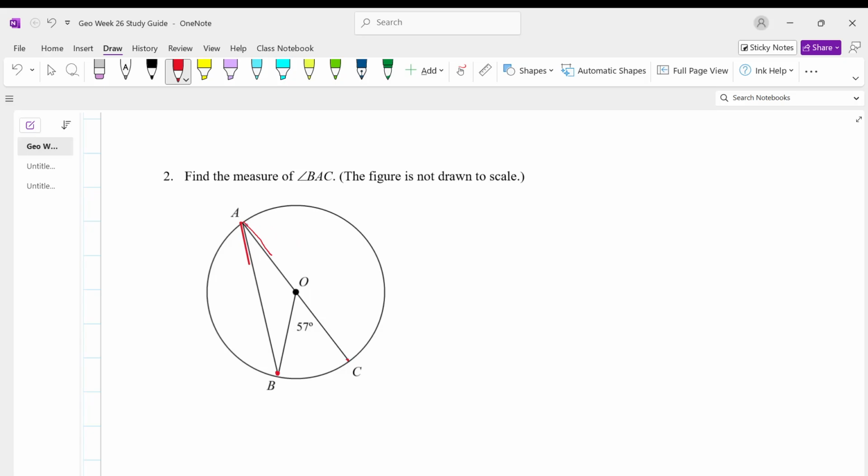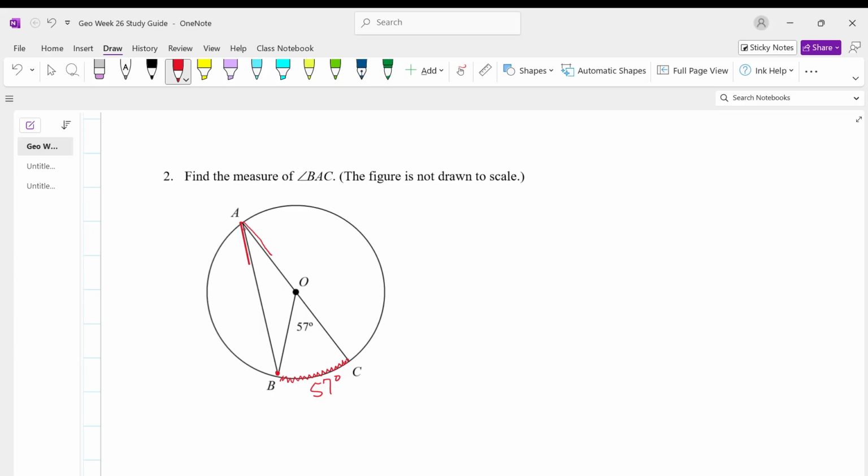Well, angle BAC intercepts arc BC. And since angle BOC is 57 degrees, then arc BC is 57 degrees.